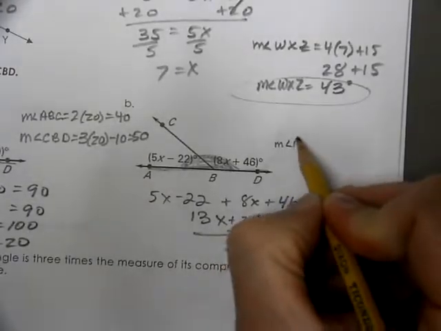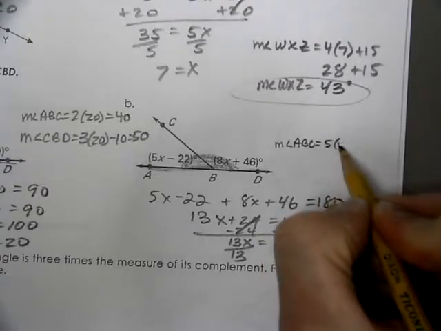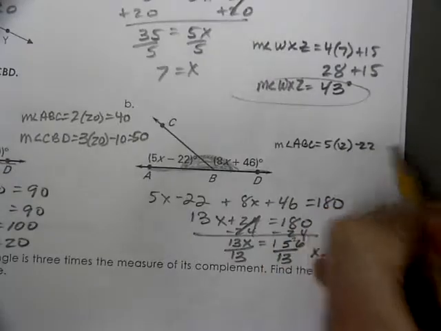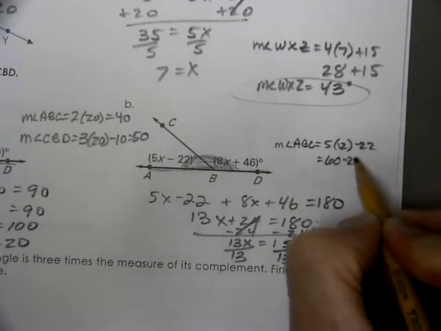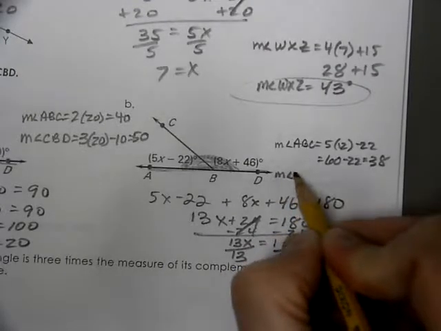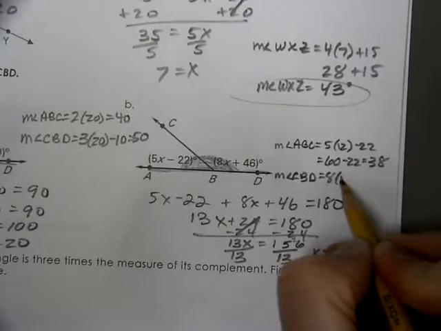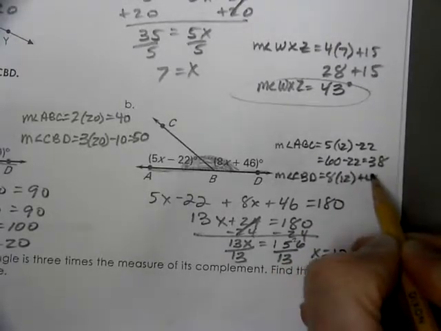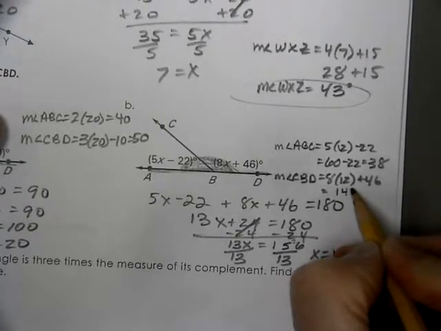The measurement of angle ABC equals 5 times 12 minus 22. That's 60 minus 22. That's 38. The measurement of angle CBD is 8 times 12 plus 46. That's 142.